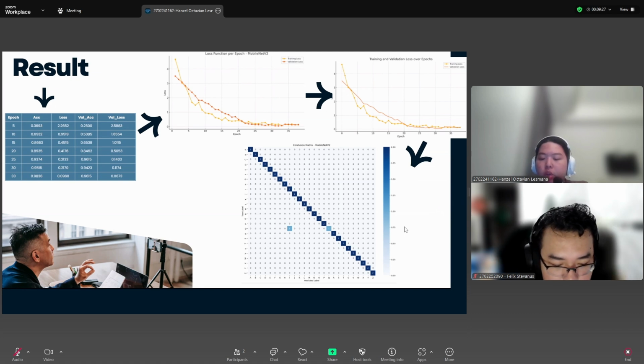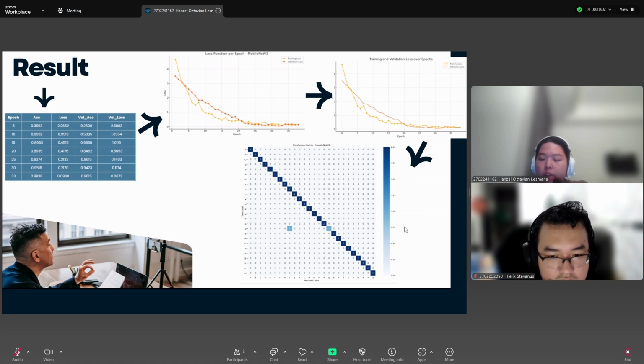Okay, the model shows good performance during training with a steady decrease in loss. The training loss and validation loss graph show a downward trend without any sudden spikes. This can be an indicator that the model can learn from the training data without memorizing it or overfitting the existing data. The loss function we use is categorical cross entropy, which is generally used in multi-class classification.